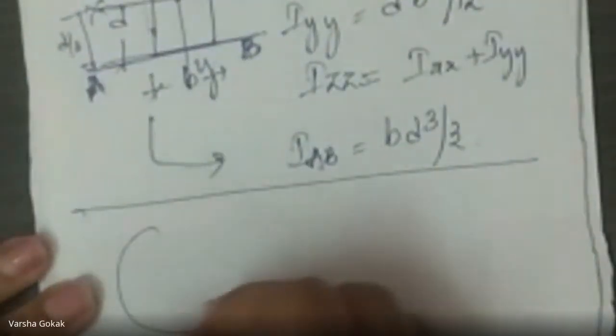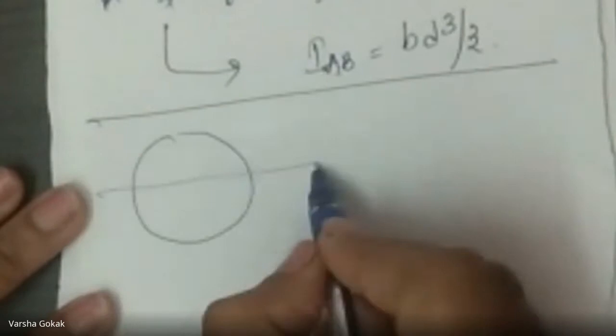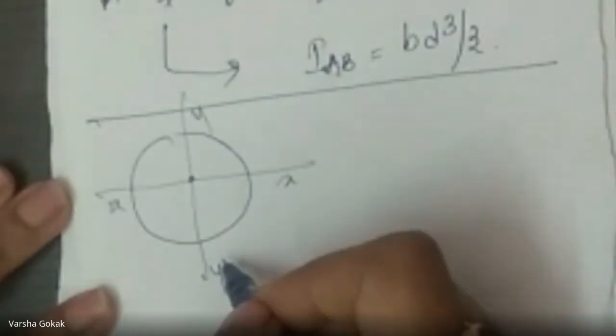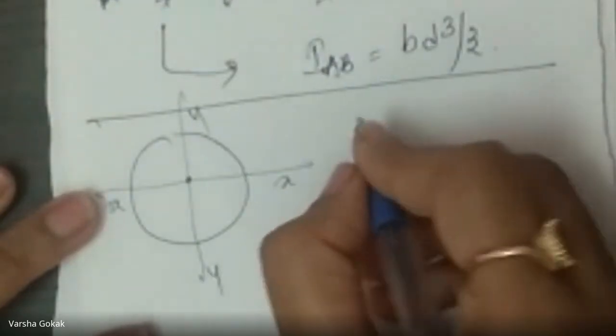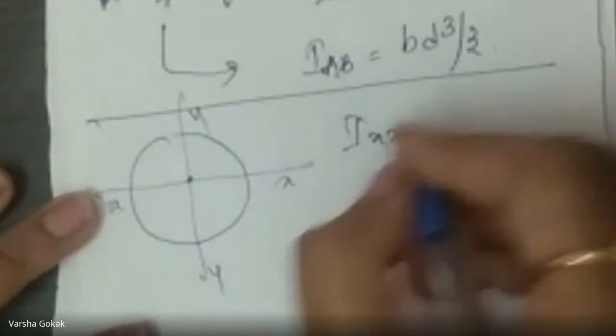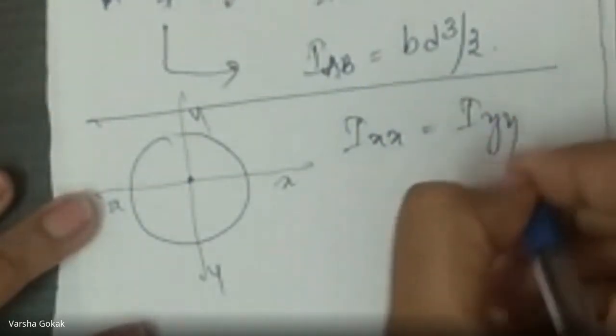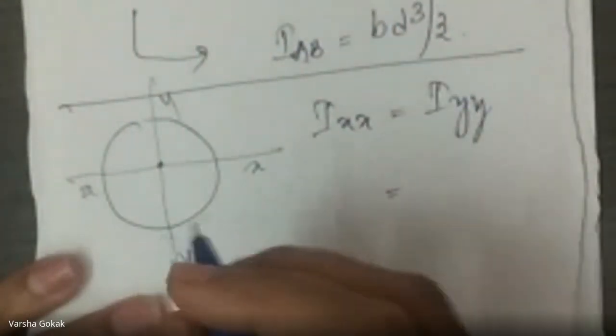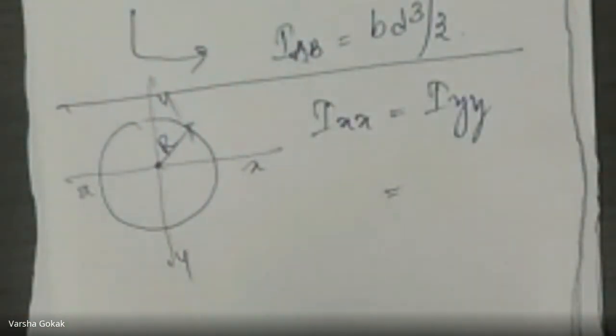Apart from this, we obtained the moment of inertia for a circular section where the x-x axis and y-y axis are passing through its centroid, so it's a centroidal axis. In this case, because it is a symmetrical figure, Ixx will be equal to Iyy, which is equal to what value that you obtained in terms of r, if r is considered as the radius? Pi r raised to 4 by 4.